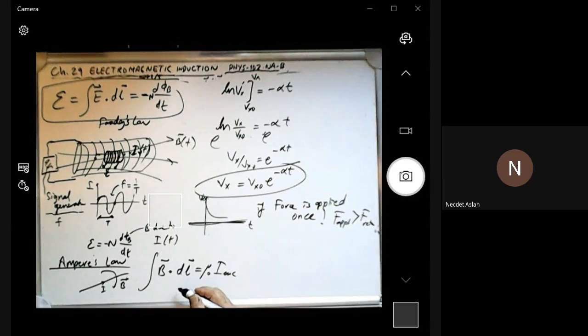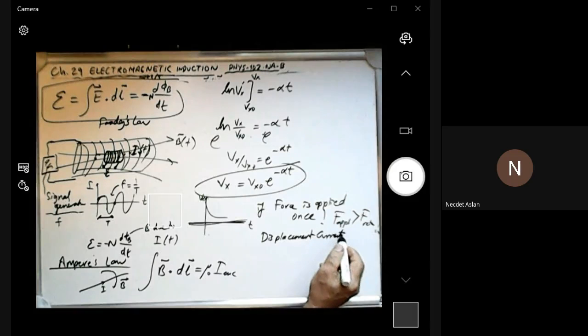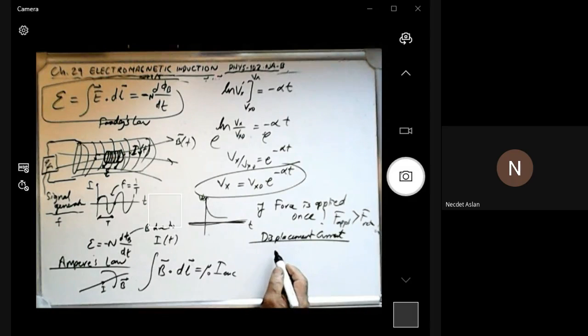also there is the displacement current business. The displacement current should also be included here. It is not really important how it is derived, but it is very important that you include it.